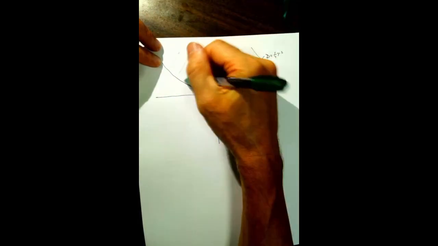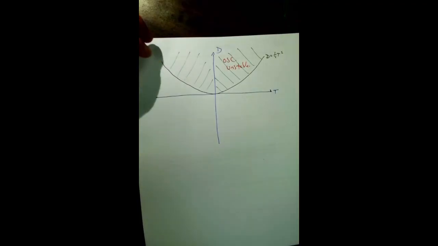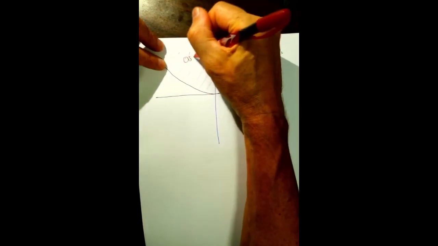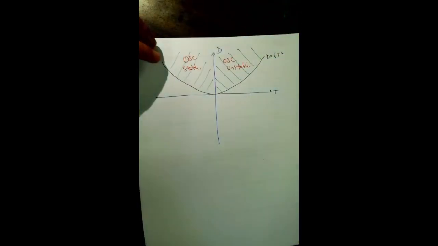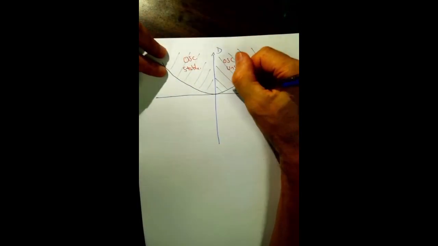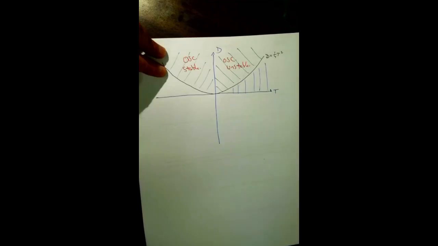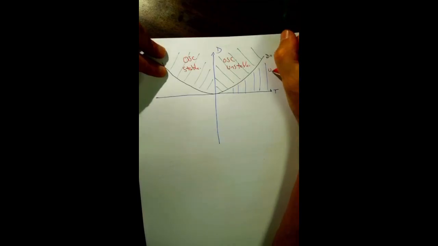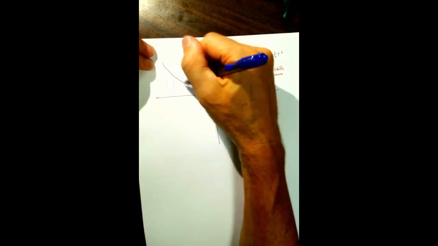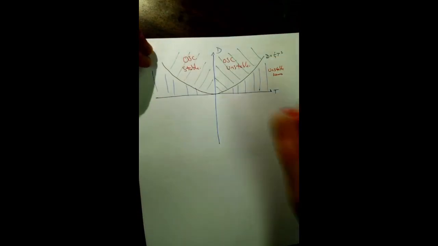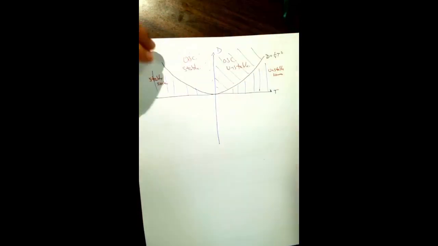I have a region in here. In this region, I'm going to have oscillations, and it's going to be stable. And then what we saw before is in this region, it's going to be an unstable source. And in this region, we saw that it's going to be a stable sink.